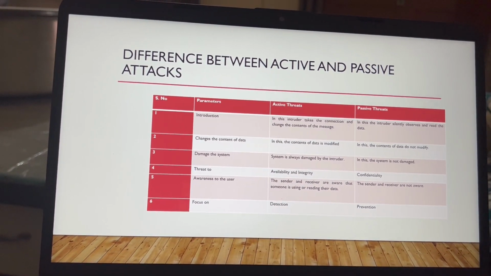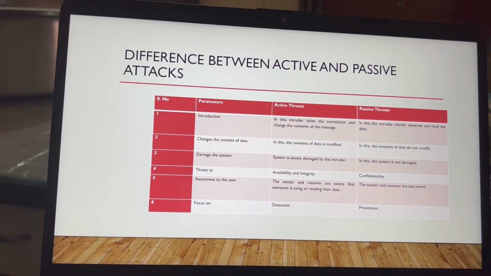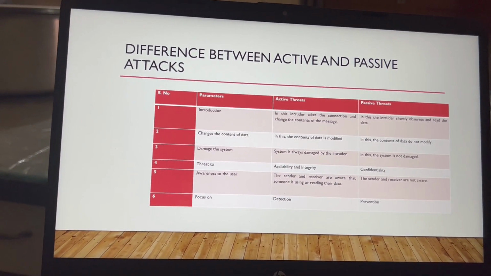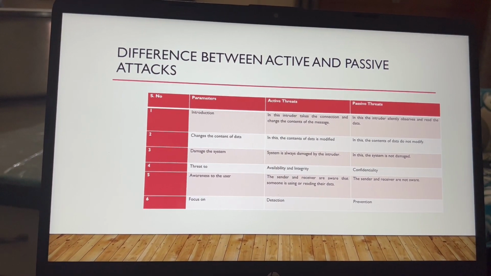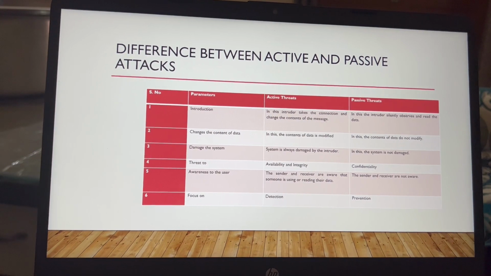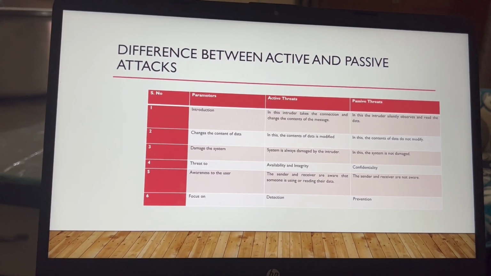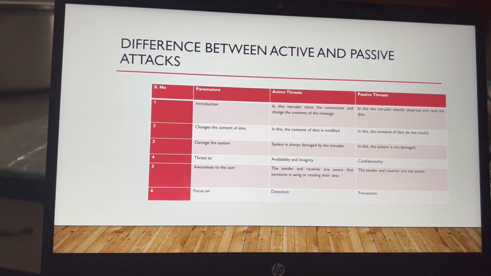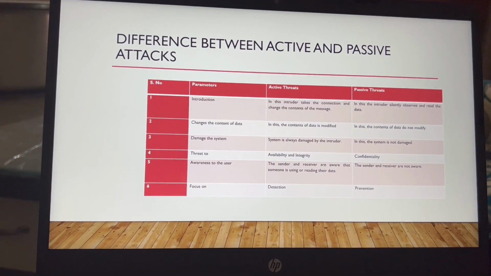Third one is in active attacks, the system is always damaged by the intruder, but in passive attacks, the system is not damaged by the intruder. Fourth one is in active attacks, availability and integrity of data is generally harmed, but in passive attacks, confidentiality of the data is lost.